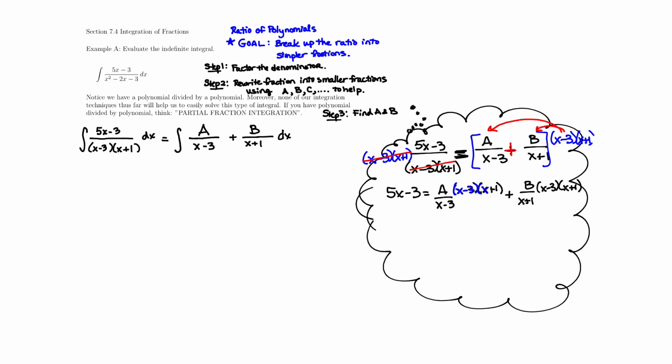Do you see those also cancel? Those denominators on the right side will cancel like they did on the left side. I'm putting an extra step in. Some people skip this step and try to do things in their heads, and that's okay as long as you are careful, rigorous, and detail-oriented and get the right things happening.